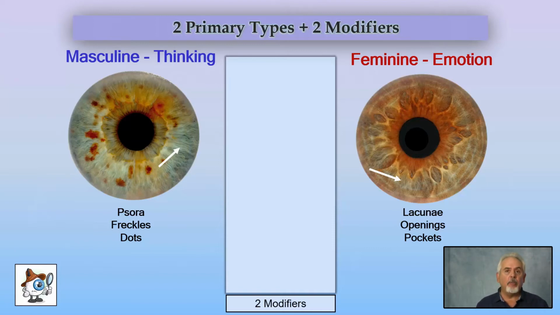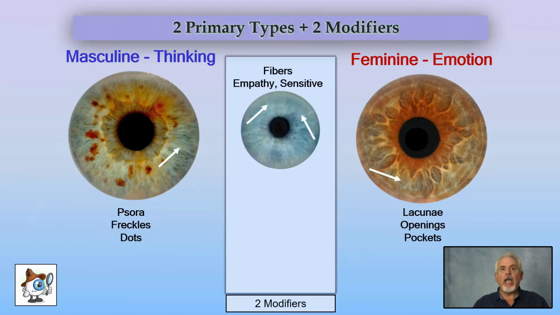But every human being has what we call neurogenic fibers, or fibers. And they are one of the modifiers, and they look like this. So here is an eye that, once again, is primarily fibers. And once again, we're going to figure out through our analysis at some point, are they more emotional or thinking? And I'm going to show you how to do that.